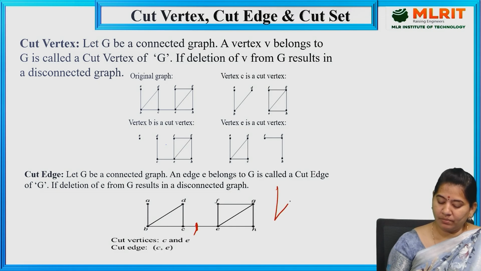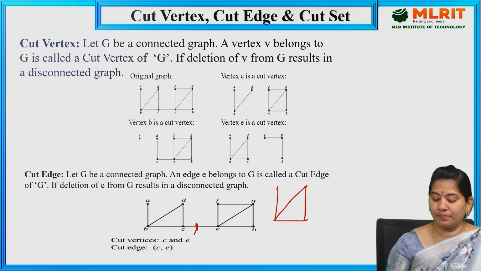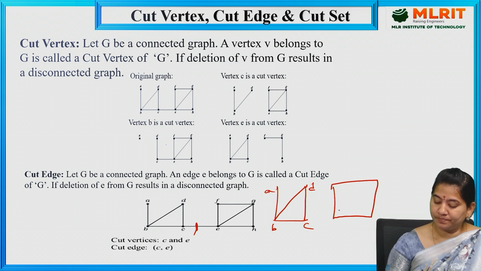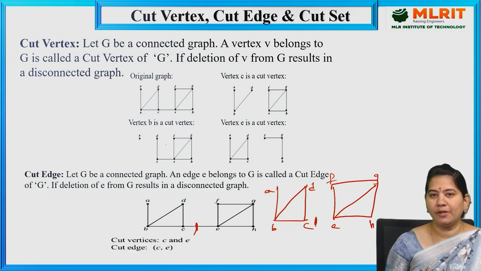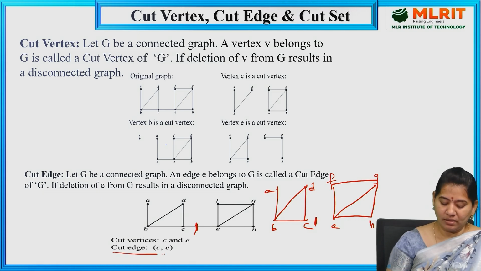A to B, B to D, and D to E, and B to C also there: A, D, B, C. Now again E to F, E to H, H to G, G to F: F, G, H, E. Now I am just removing this particular edge C to E. Because of this, I can make this connected graph into a disconnected graph. That's why C comma E is called a cut edge.